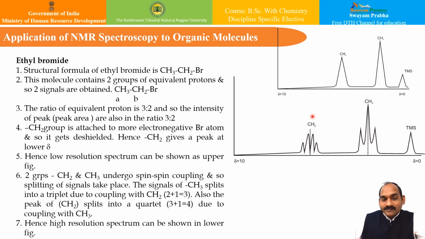At the same time, this CH2 will split into a quartet, that is 3 plus 1 is equal to 4, due to the coupling with CH3. Therefore, the high resolution spectrum of ethyl bromide will look like this: a quartet for CH2 and a triplet for CH3.